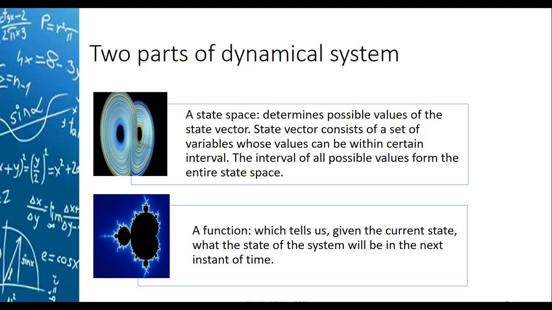It's as simple as that. But normally I would like to emphasize that a dynamical system is not this straightforward. It involves a lot of different systems that you need to consider, and how to define the function is a little bit tricky and needs more investigation.